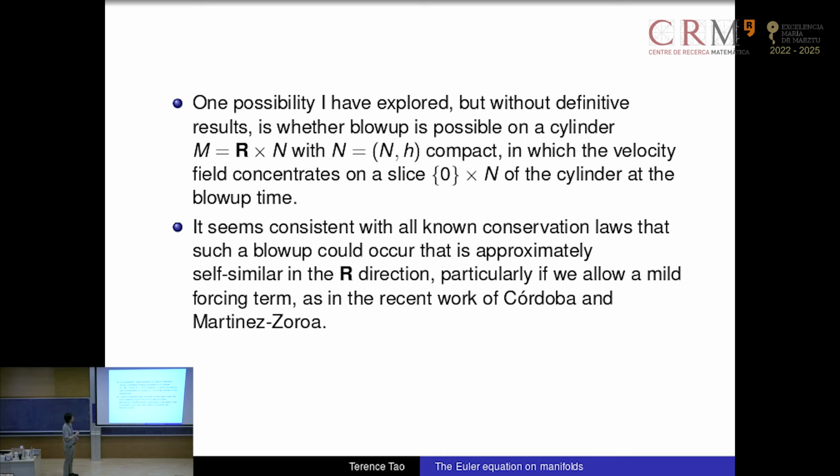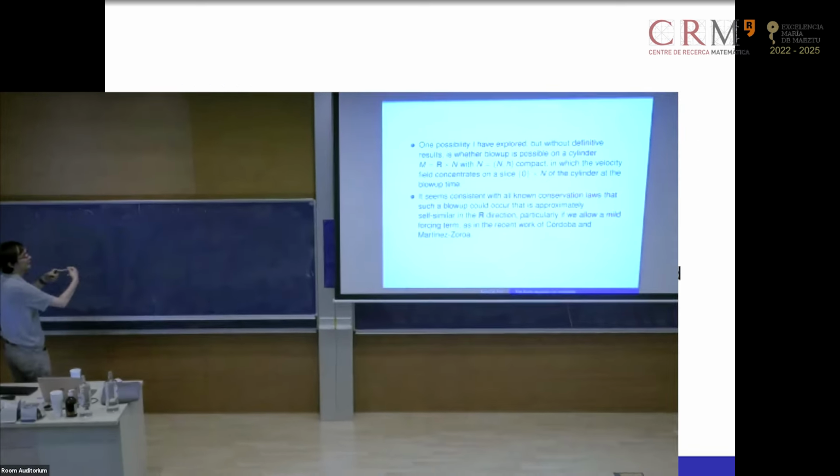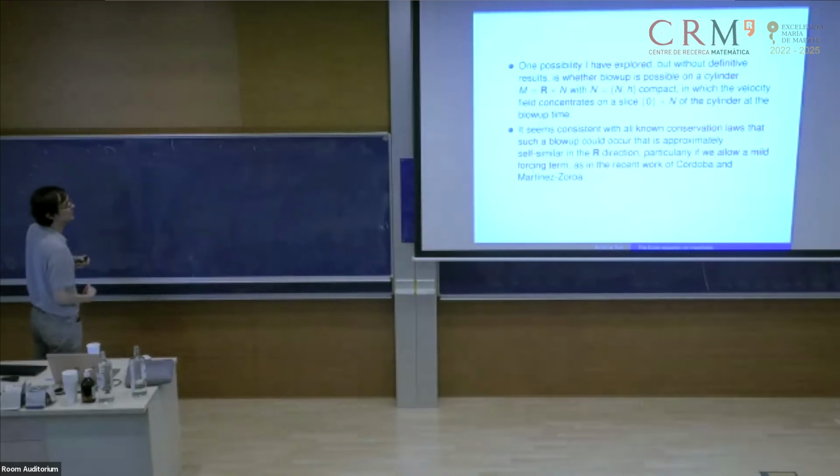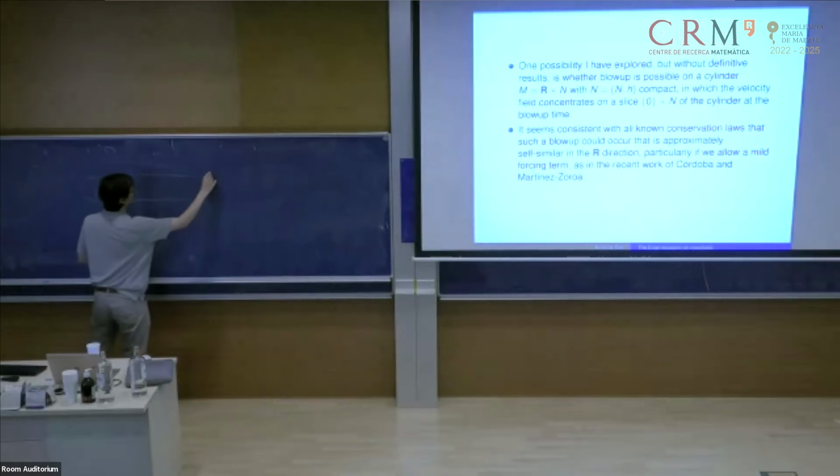You can take manifolds that are the product and the compact, and you can try to create self-similar in the direction, kind of stationary in the curve direction. So the manifold looks like this.